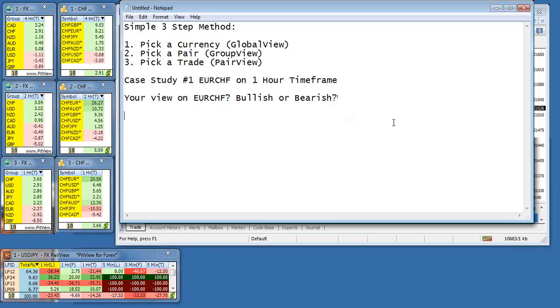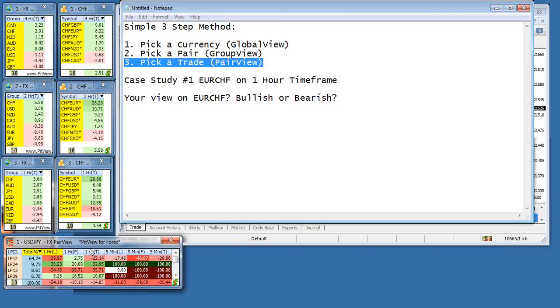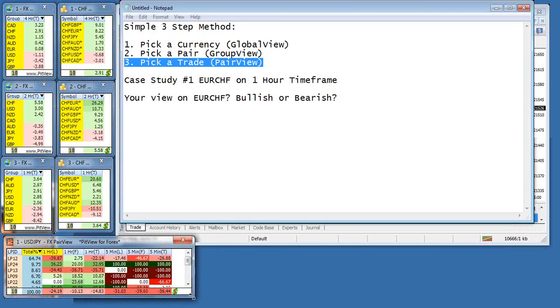So now that we've performed the first two here, we've picked a currency, we picked a pair with that currency, it all comes down to this third thing, which is to pick a trade, essentially. As far as picking a trade, that is where we bring pair view into the equation.